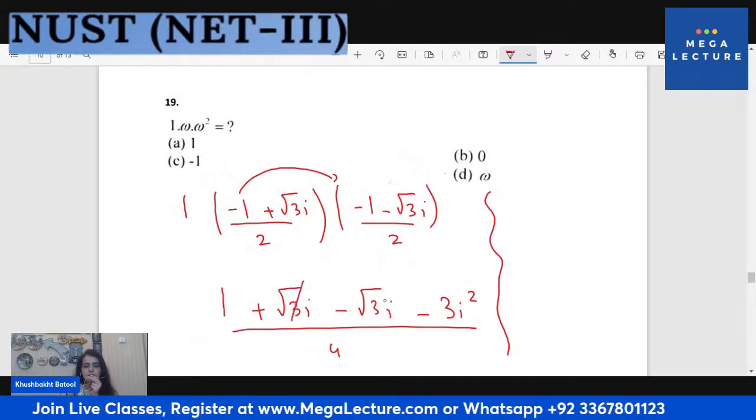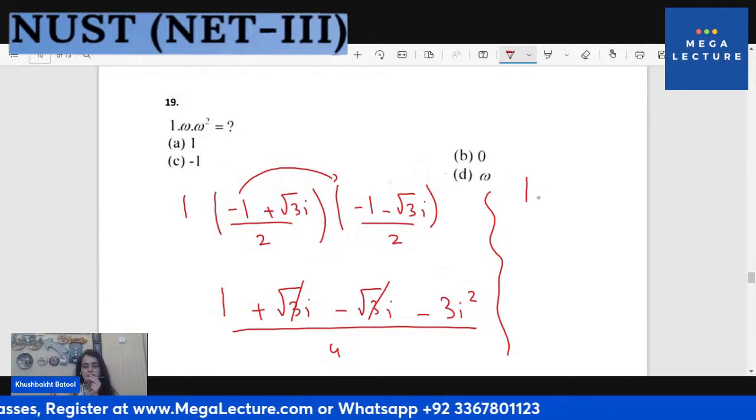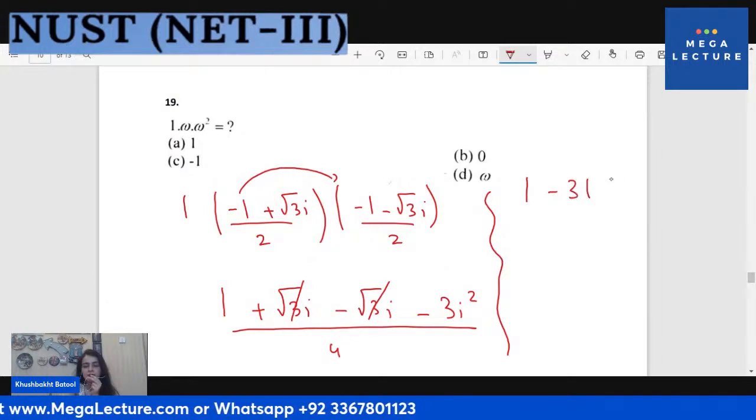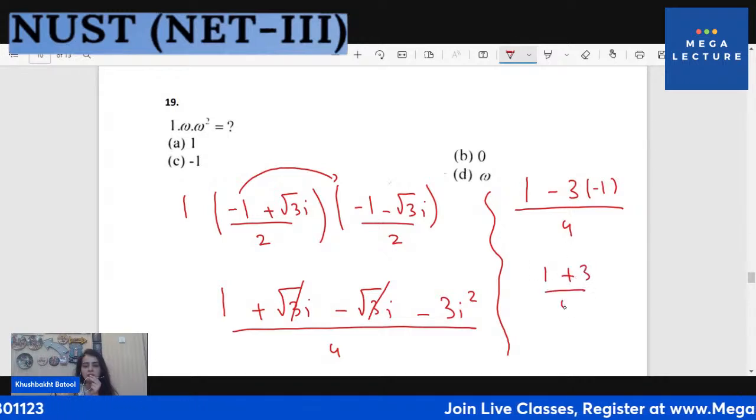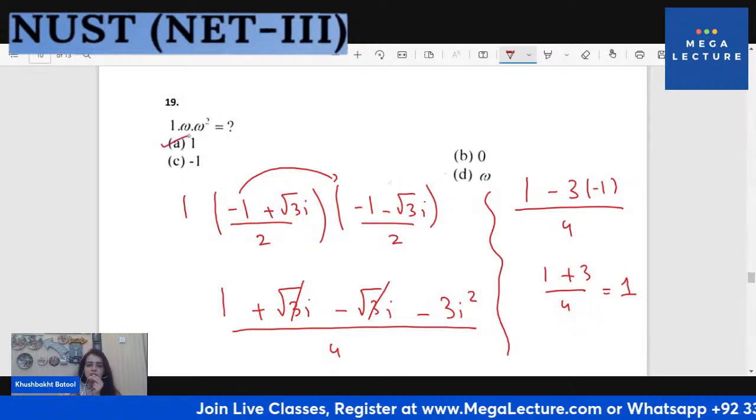These two would be cancelled. 1 minus 3 into iota squared, which is minus 1, divided by 4. So 1 plus 3 divided by 4 would give you 4 by 4, that is 1. So the answer is going to be A.